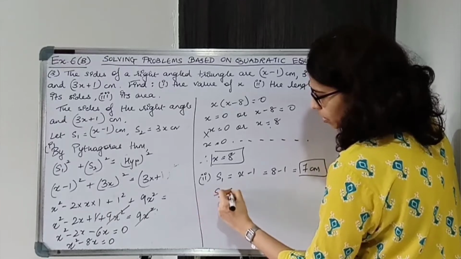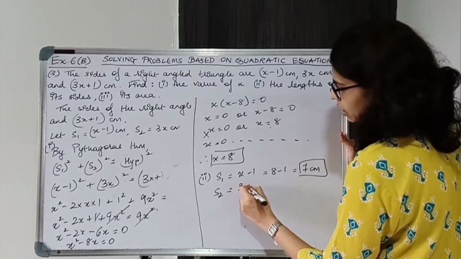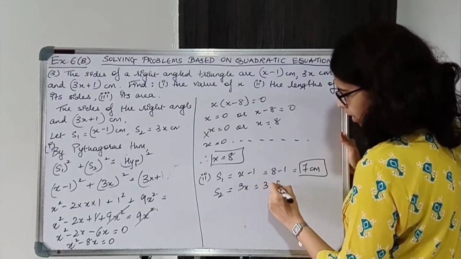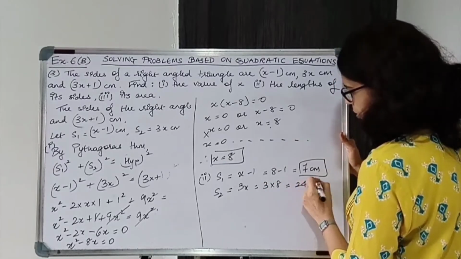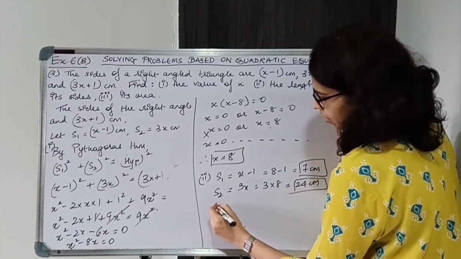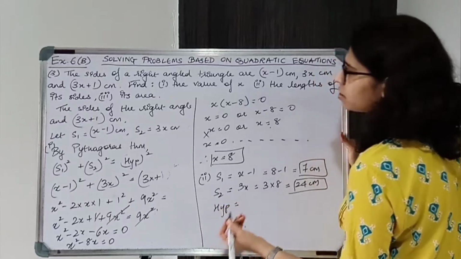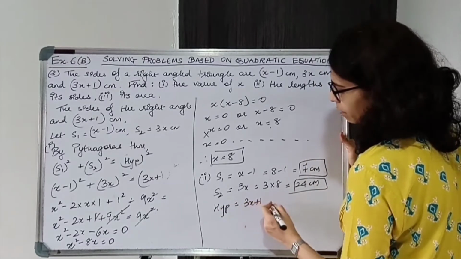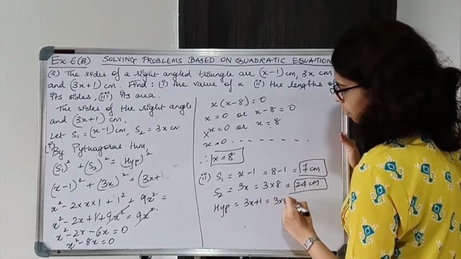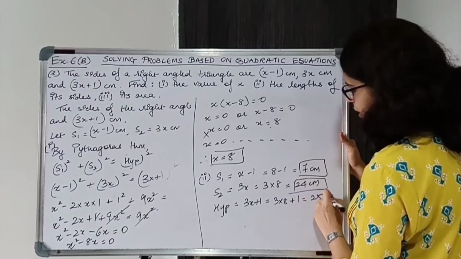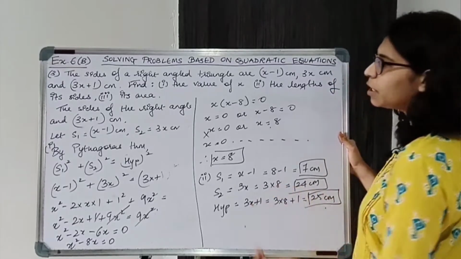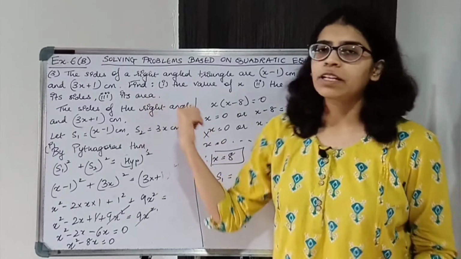S2 is 3x, which is 3 into 8, that is 24 centimeter. And hypotenuse is 3x plus 1, which is 3 into 8 plus 1, so that gives 25 centimeter. So second part also we found. Now we just need to find the area.